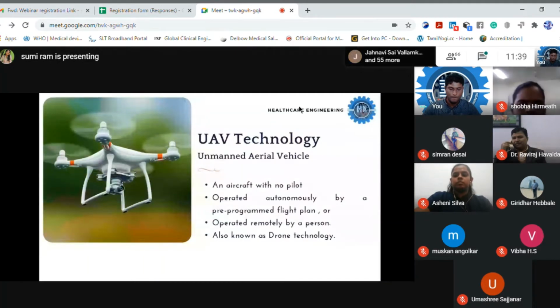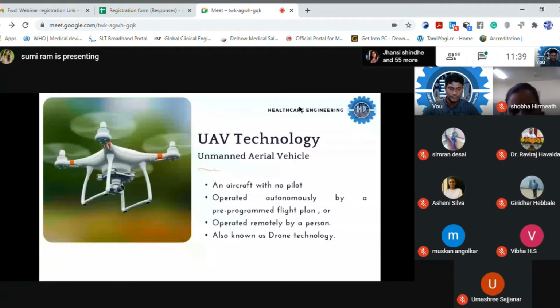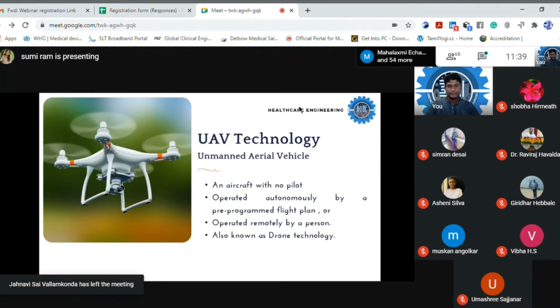The UAV is an aircraft which does not need a pilot for operation. It is either operated by a person in a ground control station or operated autonomously by a pre-programmed flight plan. Since this UAV technology is operated remotely, we call it drones or drone technology.